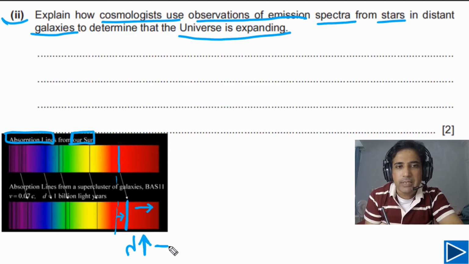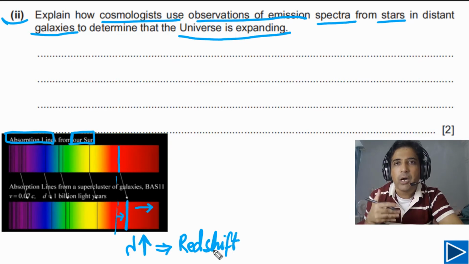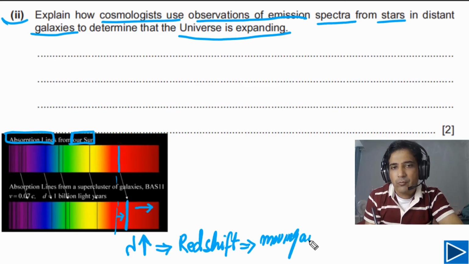From here, if the lambda has increased, we call this redshift, and redshift tells us that distant stars are moving away from us. So redshift simply tells us moving away from the observer, or we can say moving away from our planet.